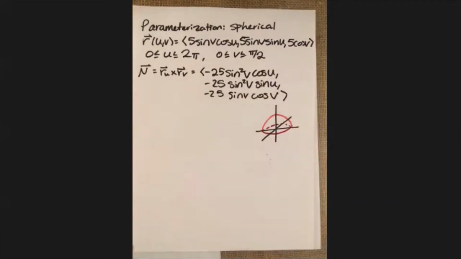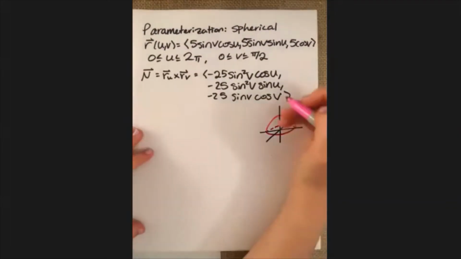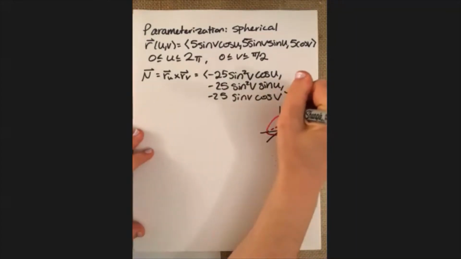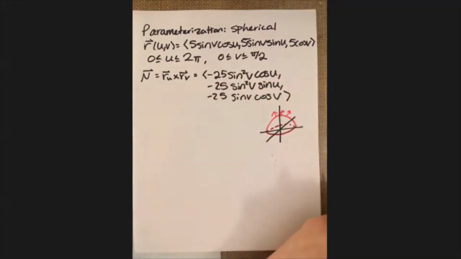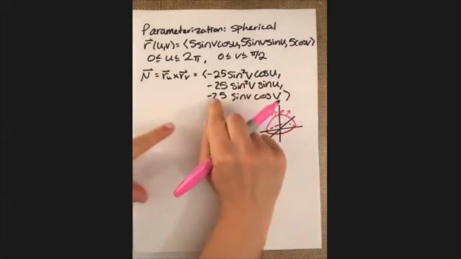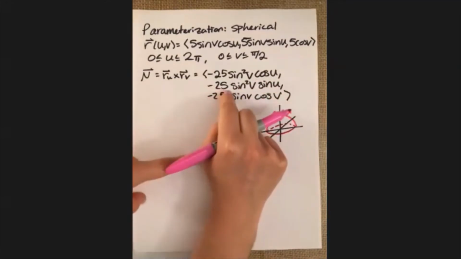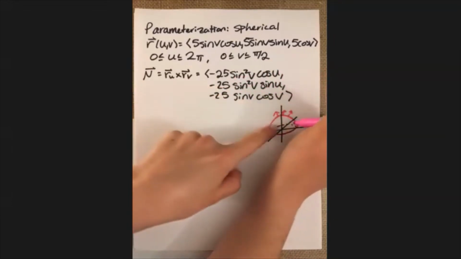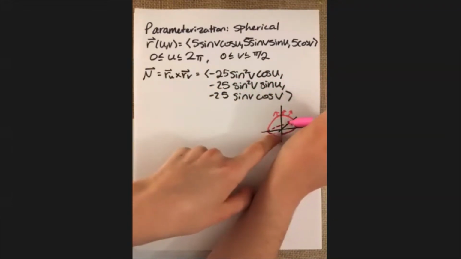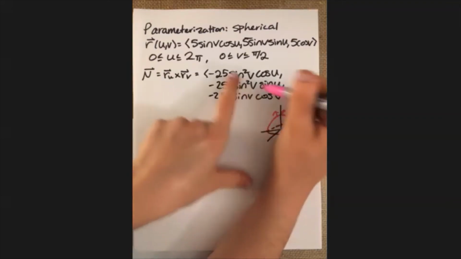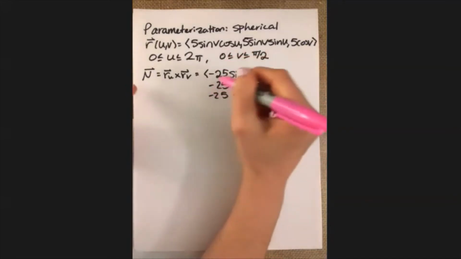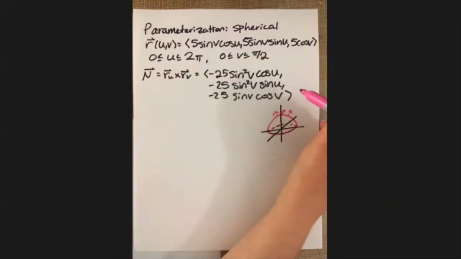Okay, so looking back at that, we want our normal to point or face upward like so. And if we look at this one right here, since every single one of these components is negative, and if we were to plug in really any value out of the first octant right here, we're going to wind up with a negative or inward facing vector, and that's not what we want.